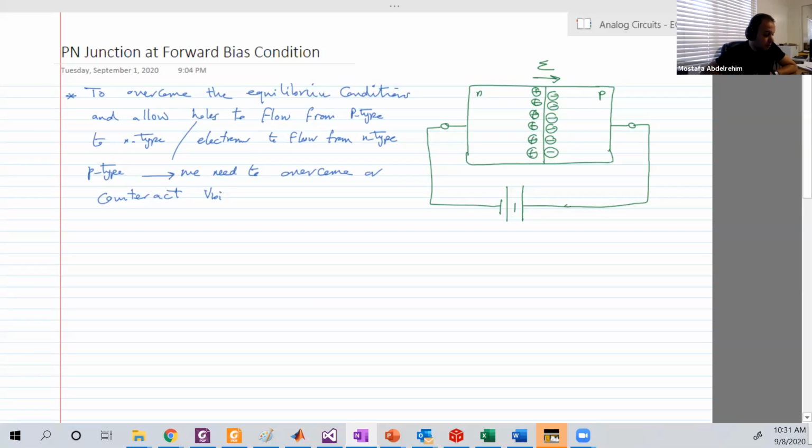Okay? And how do we do that? We apply an external voltage that should be opposite to this guy, to VBI, which is V forward. This guy in here.